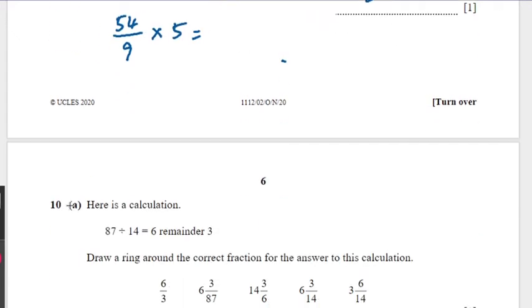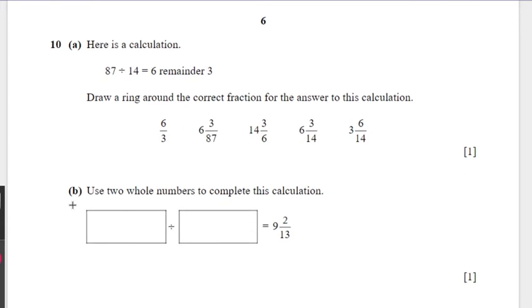Move on to the next one, number 10. Here is the calculation: 87 divided by 14 is 6 remainder 3. Draw a ring around the correct fraction. Let's say for example, I give you a simple one, 4 over 3.